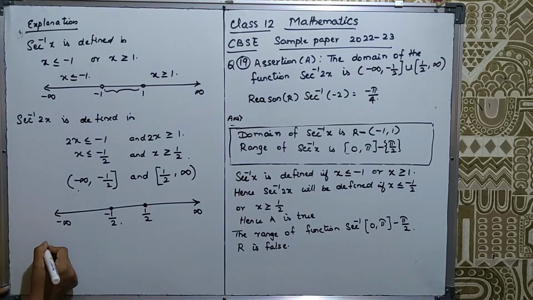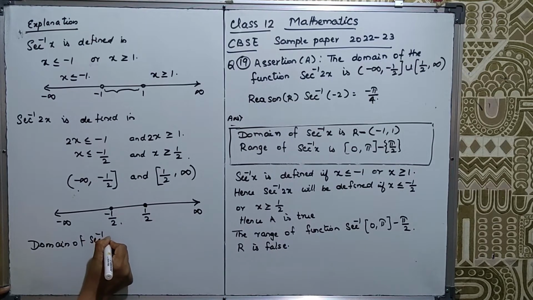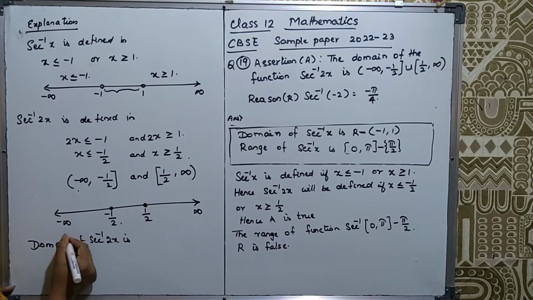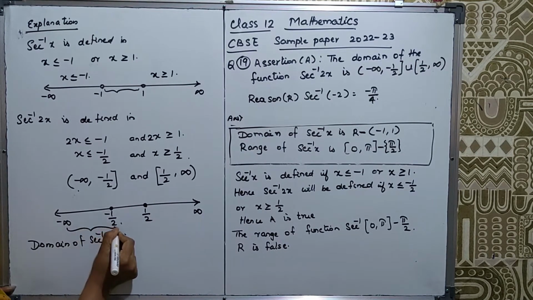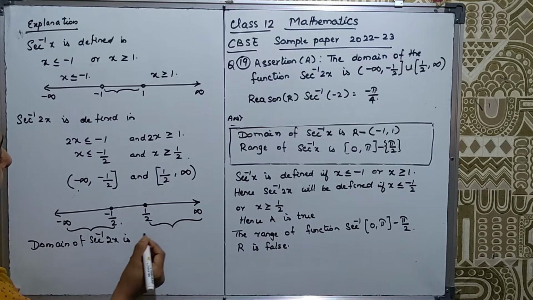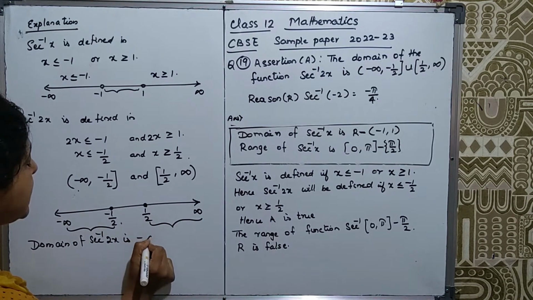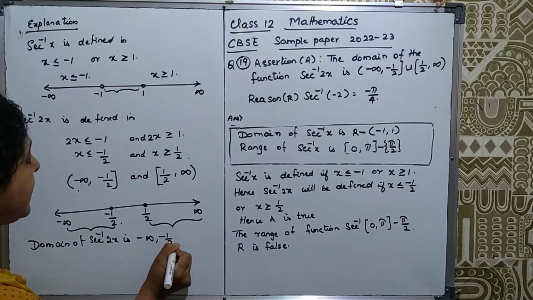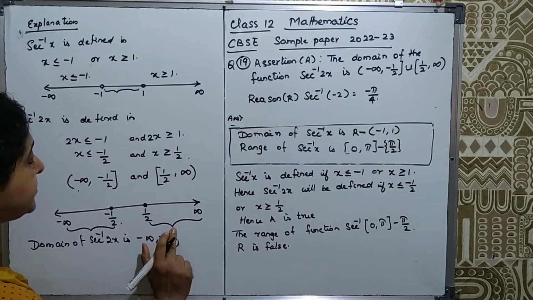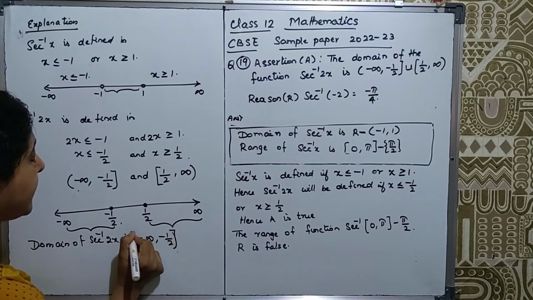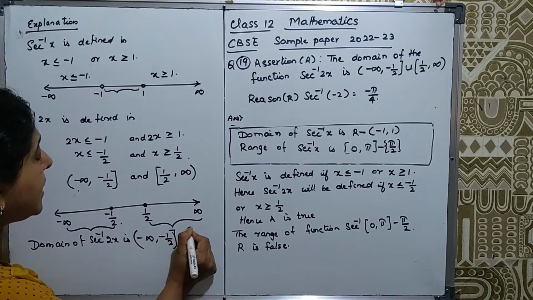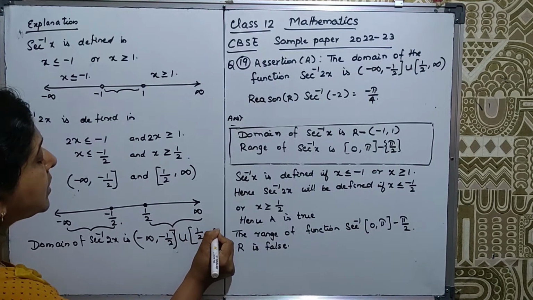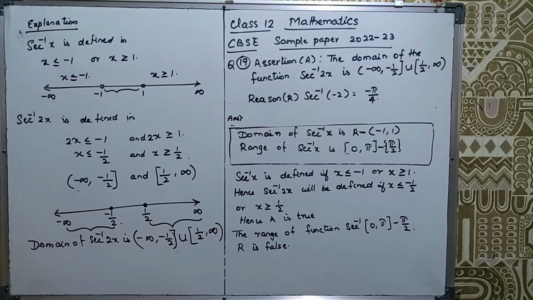Therefore, the domain of sec inverse 2x is minus infinity to minus half union plus half to plus infinity.